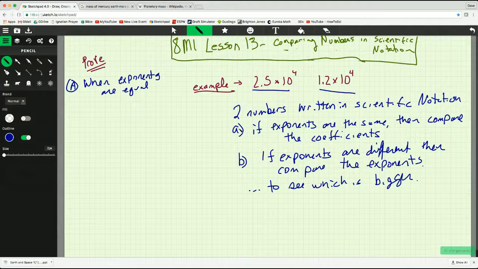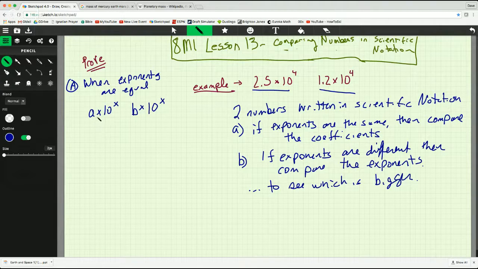So we're going to say A times 10 to the x, and we're going to compare it with B times 10 to the x. What I'm saying is that if the exponents are the same, you just simply compare the coefficients to see which is bigger.